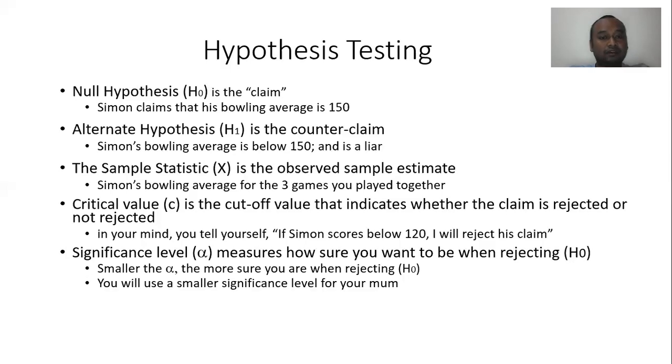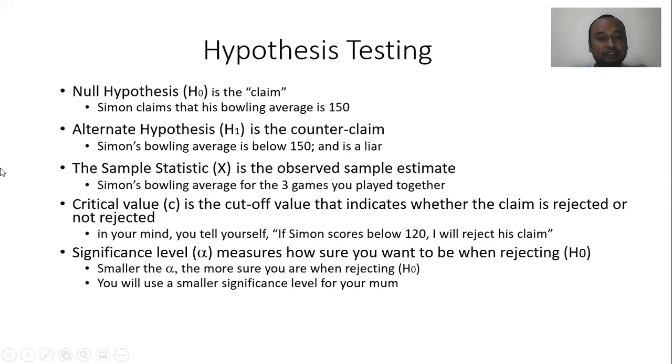So you will use a smaller significance level for your mom because you want the probability to be quite low of rejecting your mom's claim, and you will use a bigger significance level for Simon because you want to be able to reject Simon more readily than your mom.